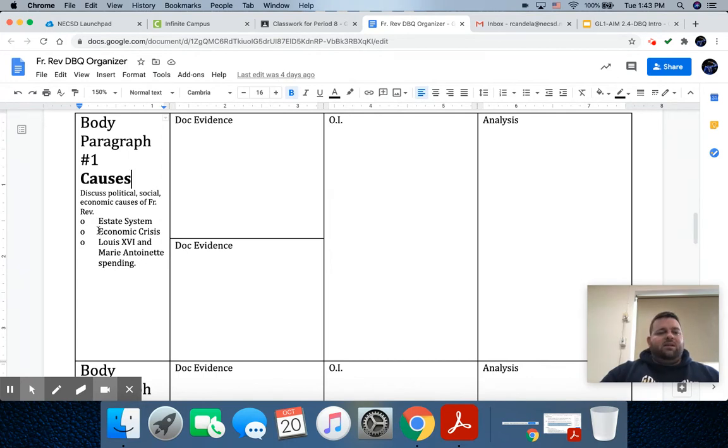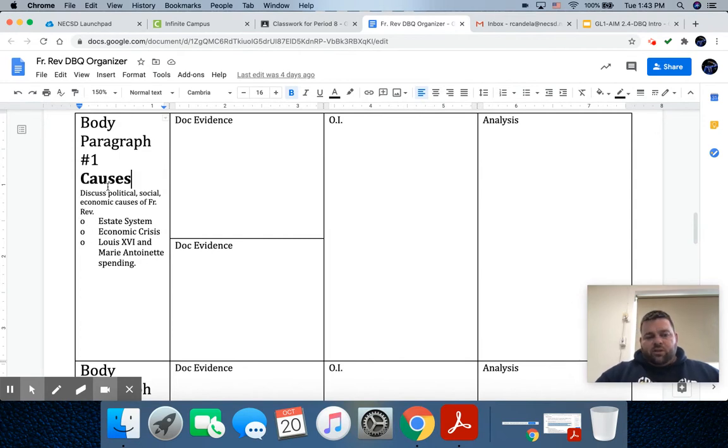You might want to discuss the economic crisis, France being essentially broke, and you could find information on that in your notes. You also might want to mention Louis XVI and his Queen Marie Antoinette spending all the tax money on themselves instead of reinvesting it into society.